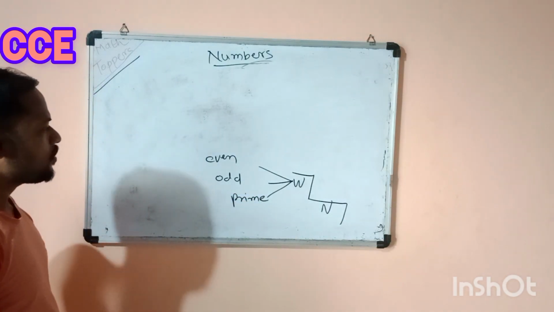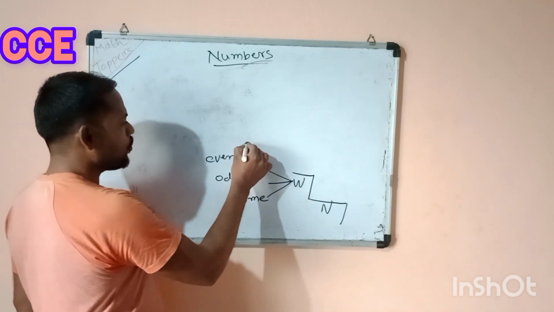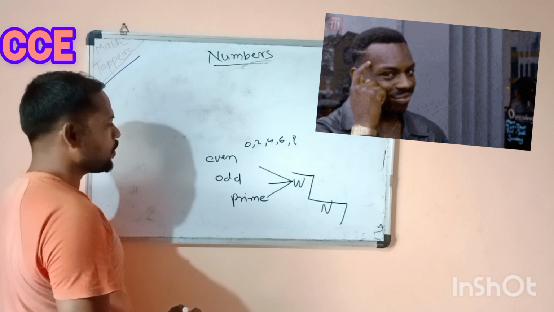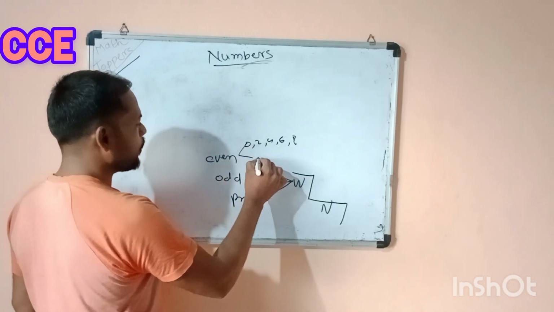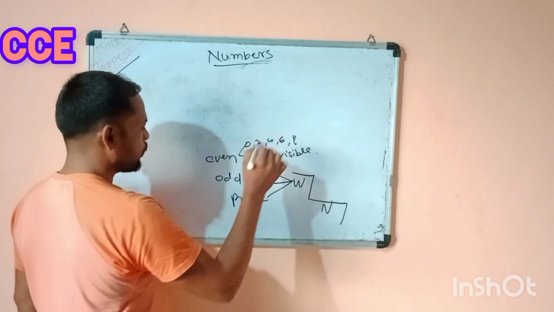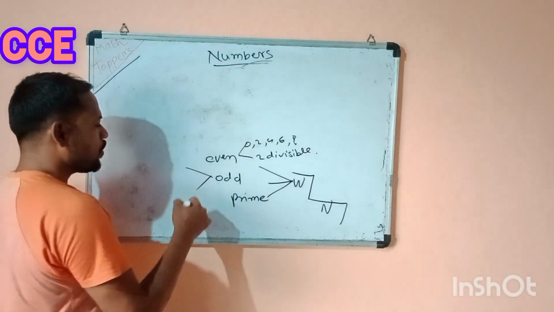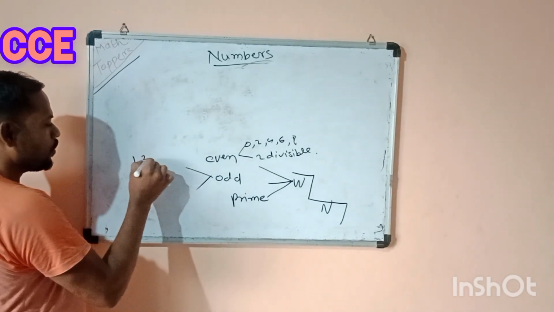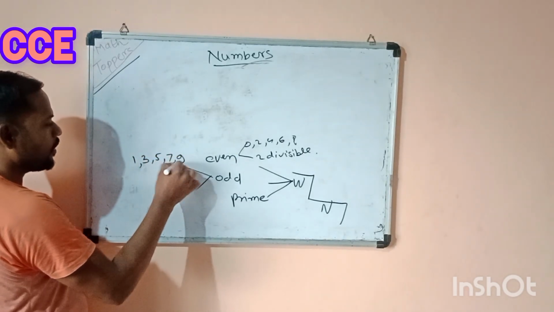Even number means a number whose unit place is 0, 2, 4, 6, 8. That number is called an even number, and it is divisible by 2. Odd number means a number whose unit place is 1, 3, 5, 7 and 9.